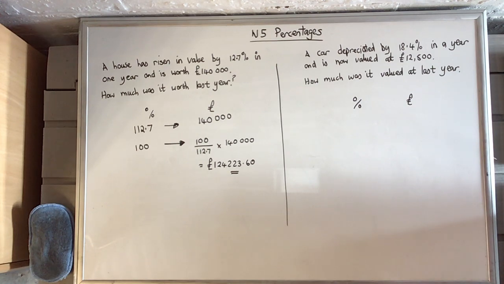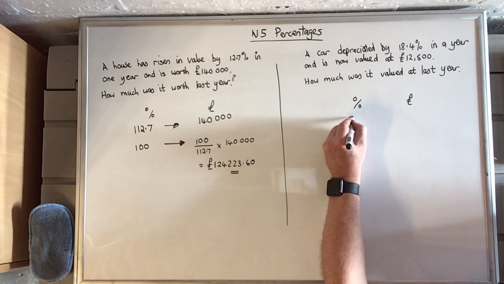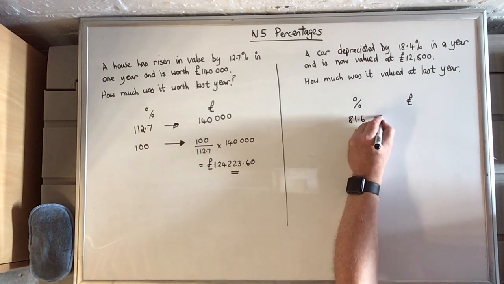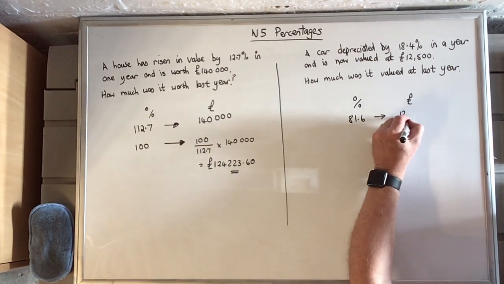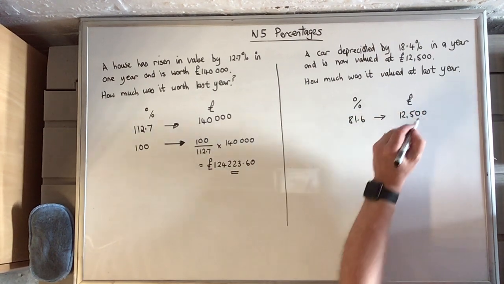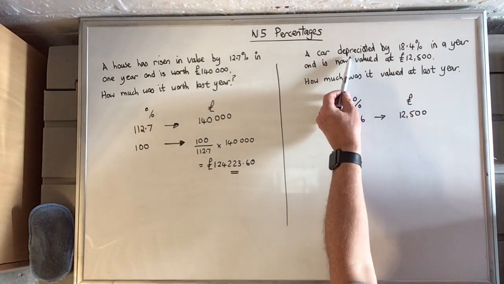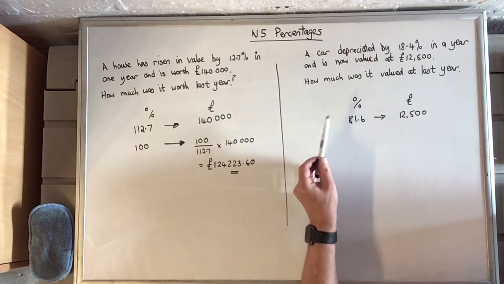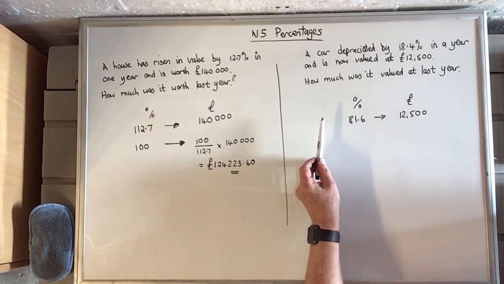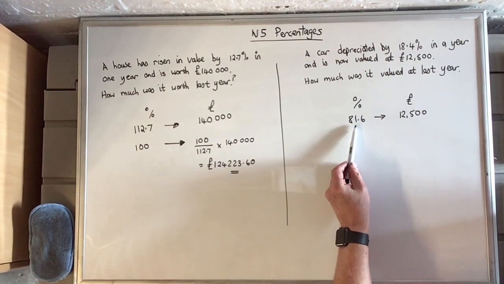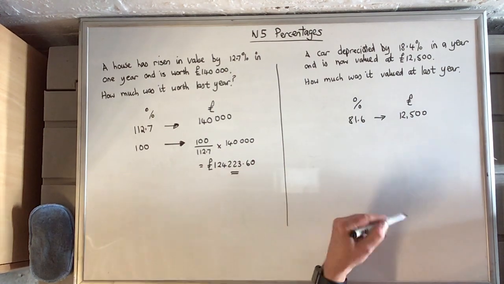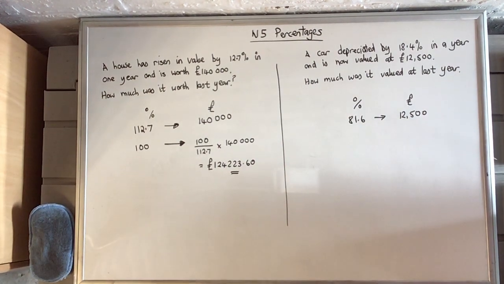So it's 100% minus your 18.4. If we do that in the calculator, we get 81.6% is equivalent to 12,500. It's depreciated, it's gone down by that amount. So it was 100% originally, and it's gone down, so it's only worth that percentage now. So what was it originally last year before it went down in value?